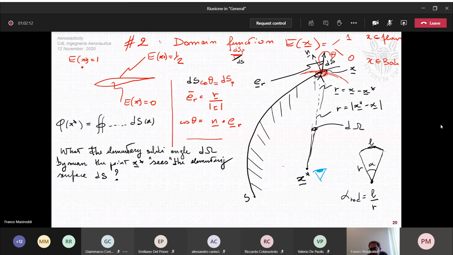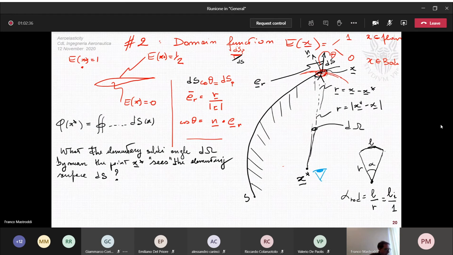And this is the same, but now here you have to take the ratio not of arc length with respect to the radius, but you have to compare surfaces. And in particular, here you have the L of a unitary circle with respect to 1.